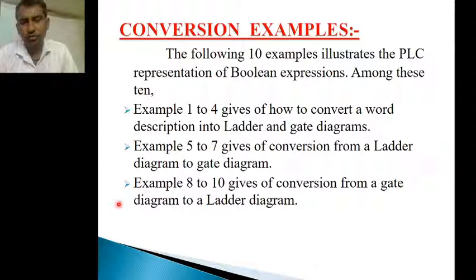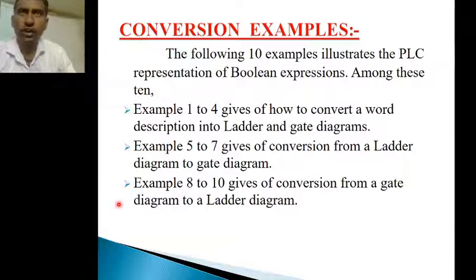That means the first 1 to 4 examples give a word description, and the description will be converted into a ladder diagram and gate diagram. Examples 5 to 7 give the conversion of the ladder diagrams into the gate diagram, and examples 8 to 10 give the conversion of the gate diagrams to the ladder diagrams.